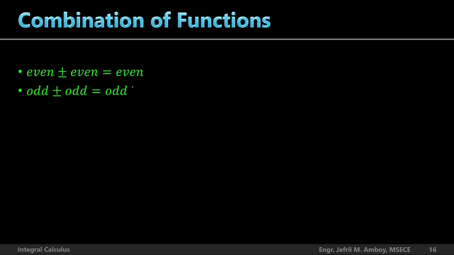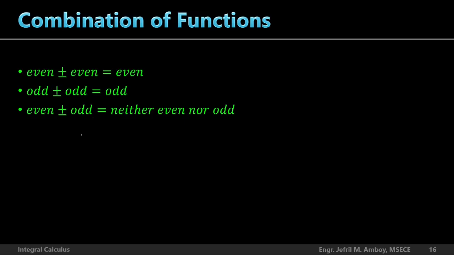Odd plus odd, odd. Eh sir, paano pag magkaiba? Yung even ay in-add ko sa odd na function. Yung makukuha mo ay hindi even, hindi rin odd. It's neither even nor odd. Tandaan, pag nag-combine ka by means of addition and subtraction ng dalawang magkaibang functions, ang makukuha mo is neither even nor odd.